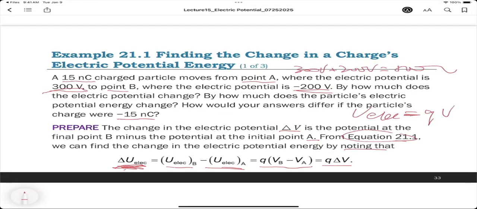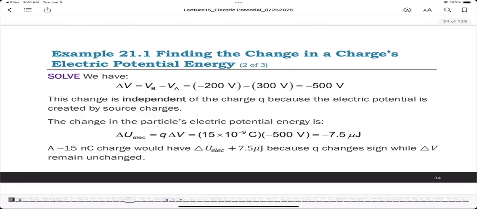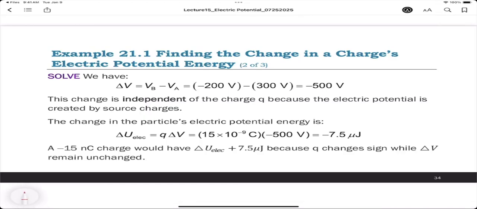And we also know the q. So the delta V equals negative, because it is from A to B, so you need to use B minus A. So it is negative 500.